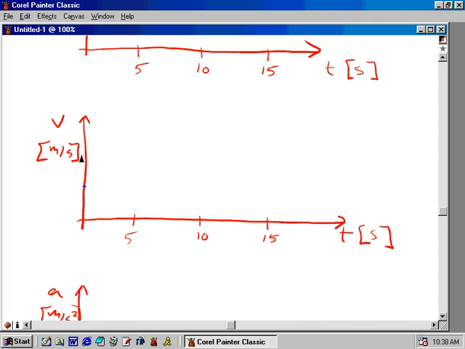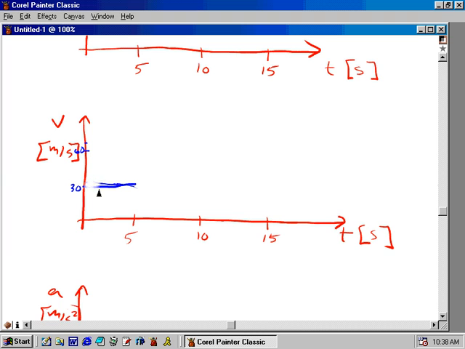Looks like the highest it ever gets is 65, so I'll call that 30, 60 up here. 65 would be about right in there. Starts out at 30 at time 0, 30 meters per second. Continues at that speed for 5 seconds. So that'd be a horizontal line indicating a steady velocity.